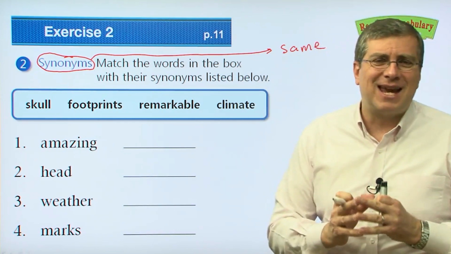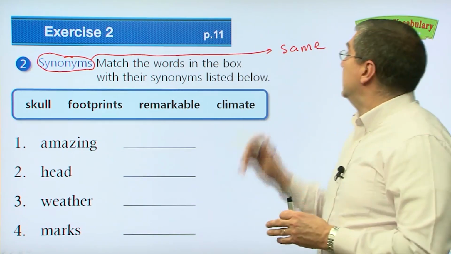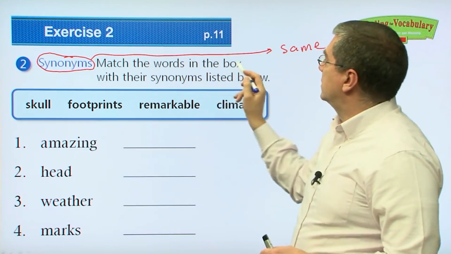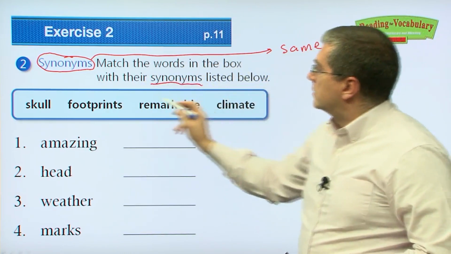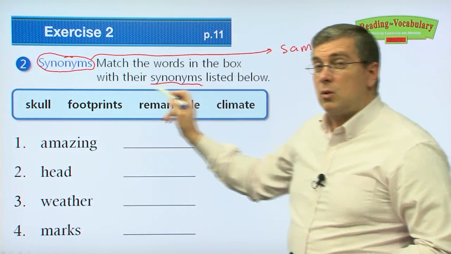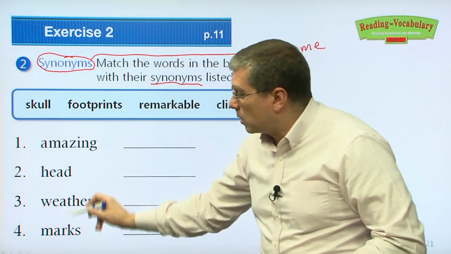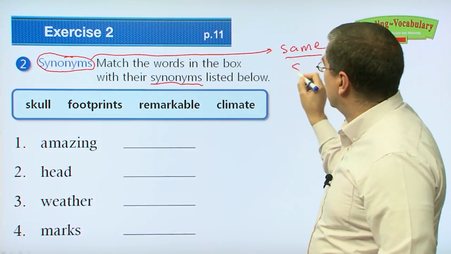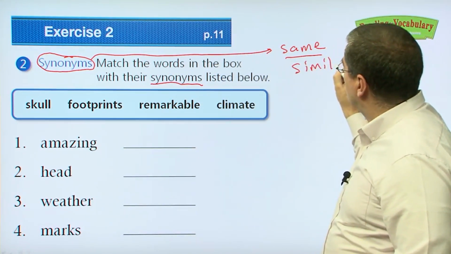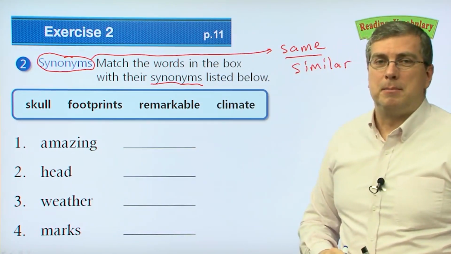Maybe not exactly the same, but similar meanings. Match the words in the box with their synonyms listed below. So we need to match them with the word that has the same or similar meaning.